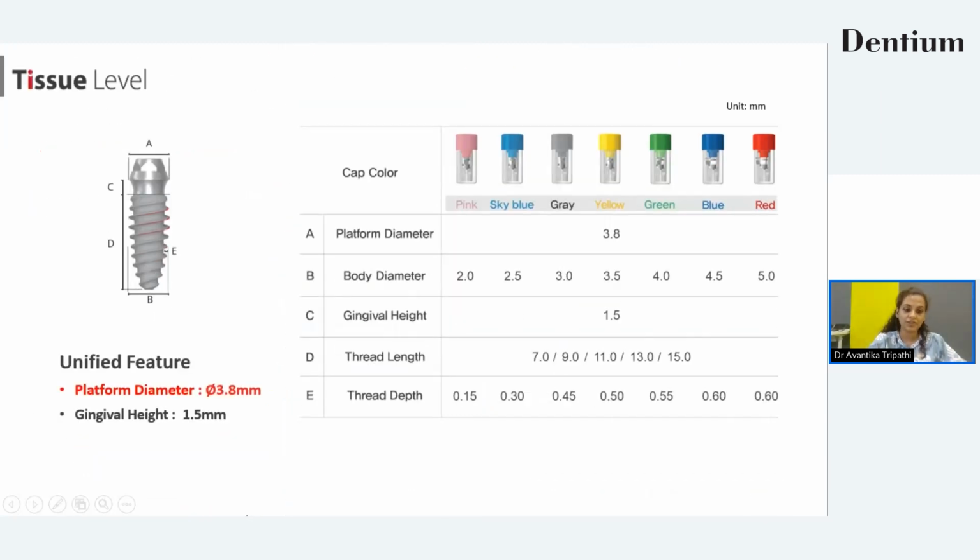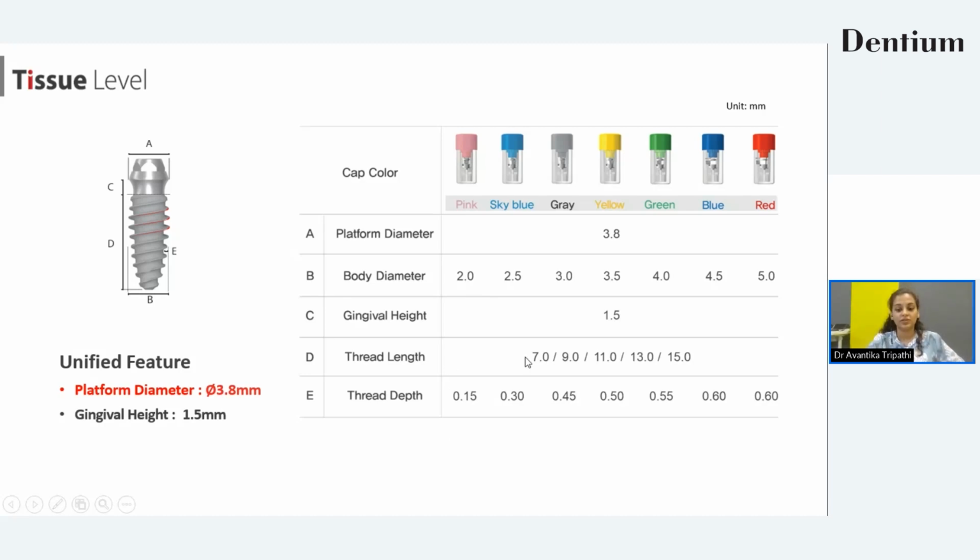The diameters available in this tissue level variant are 2, 2.5, 3, 3.5, 4, 4.5 and 5. But all the diameters of the fixtures have a standard platform of 3.8 mm. So the platform diameter will remain the same, which makes the prosthetics very, very simple.